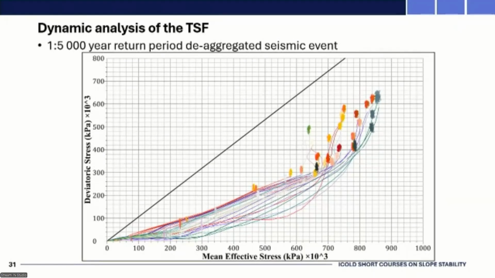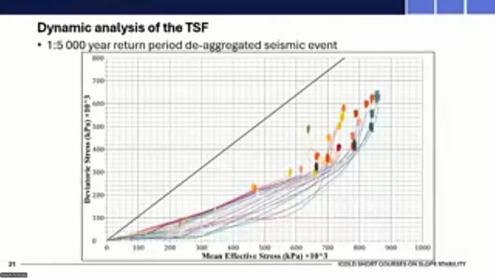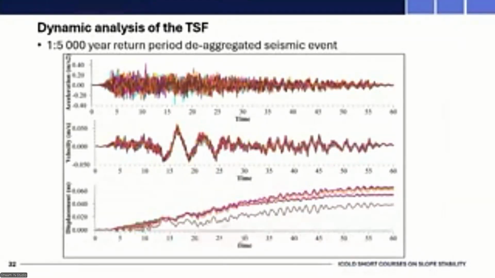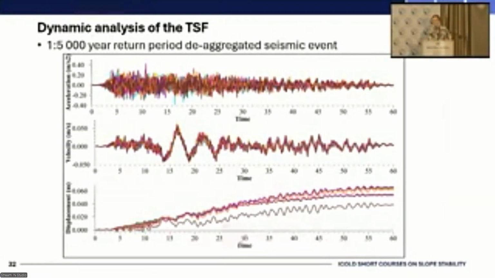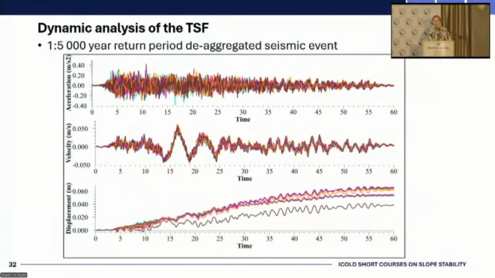And you can see that those are fairly, not minimal, but they don't have a large effect on the stability or on the stress state of the queried points. Then looking at acceleration, velocity, and displacement with time, we can see that at the end of that seismic event, the velocity of the queried points returns back to zero, and there are permanent displacements within the slope, but they sort of plateau and come to equilibrium.